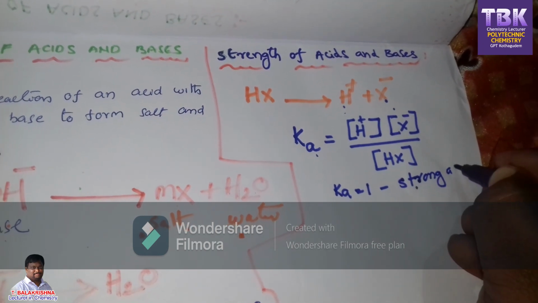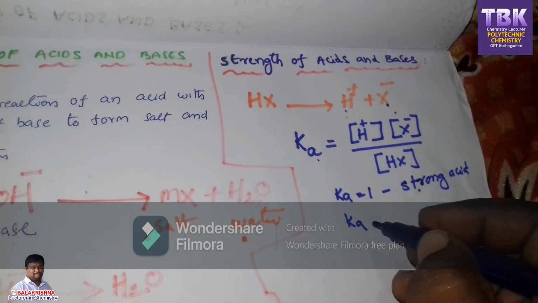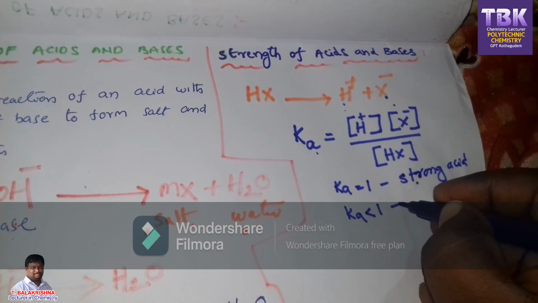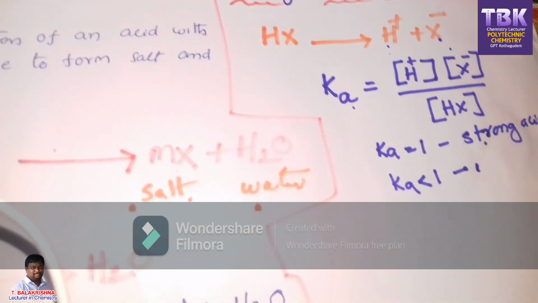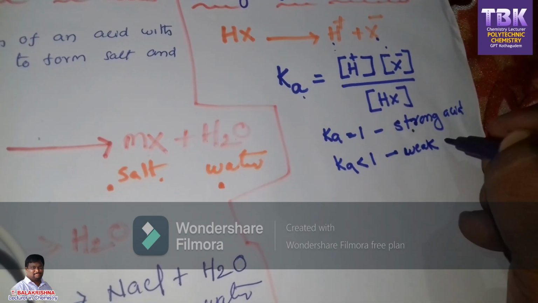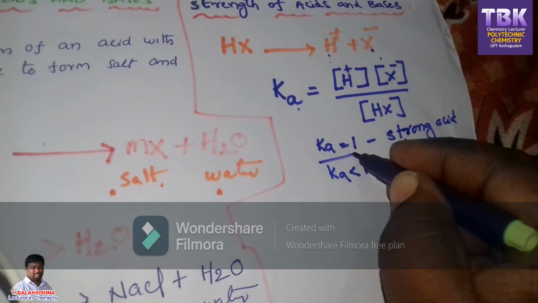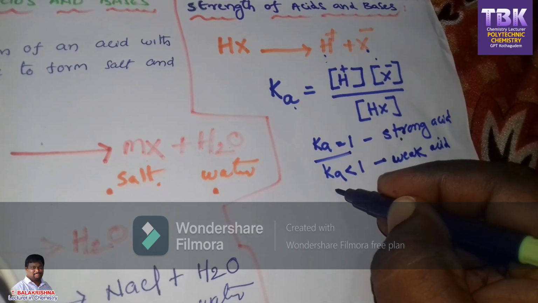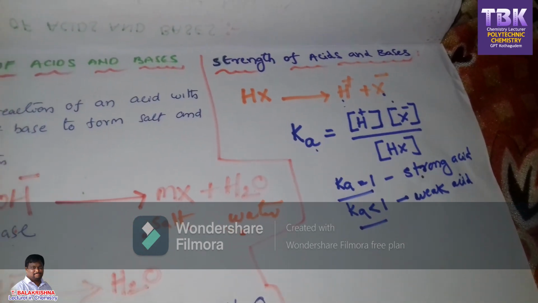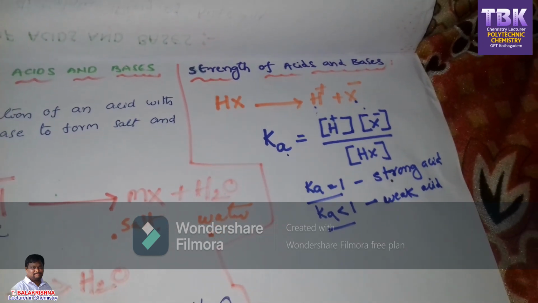If the Ka value is less than 1, that is a weak acid. Is it clear? Ka value equal to 1 is a strong acid. Ka value less than 1 is a weak acid. So the strength of acid depends upon the rate of ionization. Rate of ionization depends upon the dissociation constant.